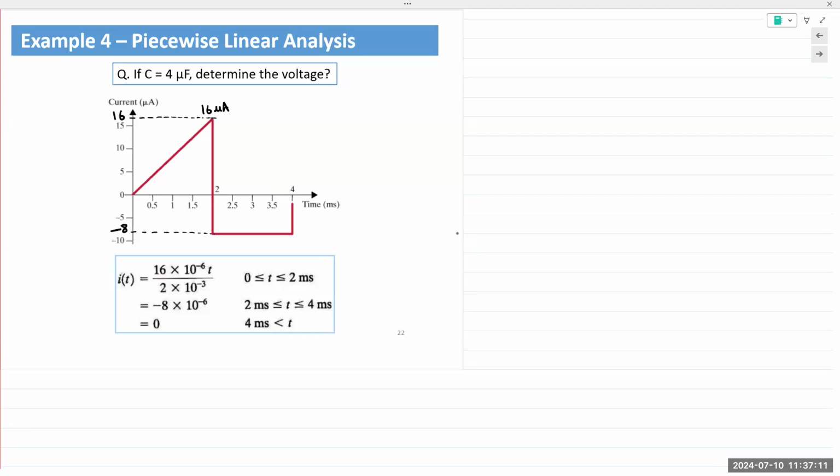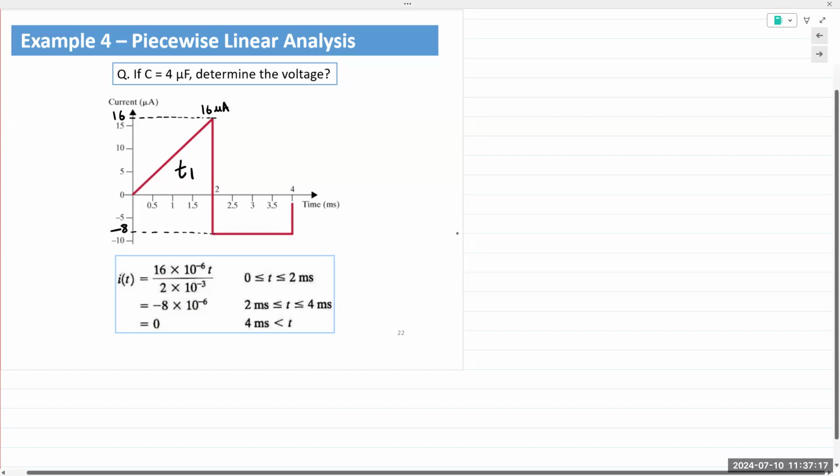Now, we proceed in the same manner. We are breaking it up. This is T1. This is T2. T1 is between 0 and 2 milliseconds. And T2 is between 2 and 4 milliseconds.